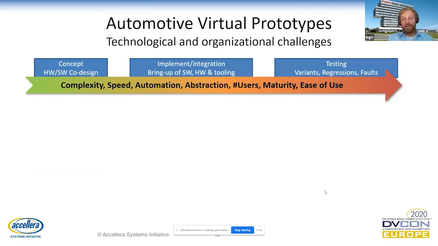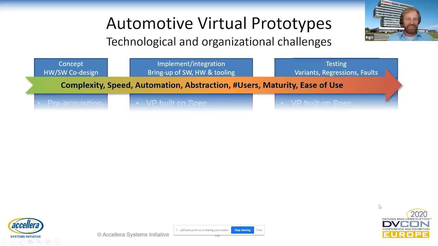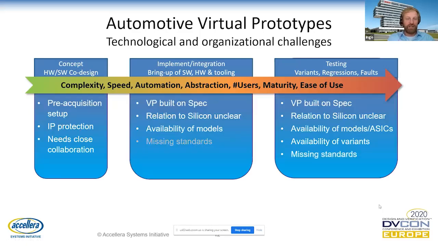So reflecting that inside an organization is a pretty difficult step already to do. So once you master that, there are also the organizational challenges, which are also very important and can totally hinder the use of a virtual prototype, or at least reduce the value of the virtual prototype.